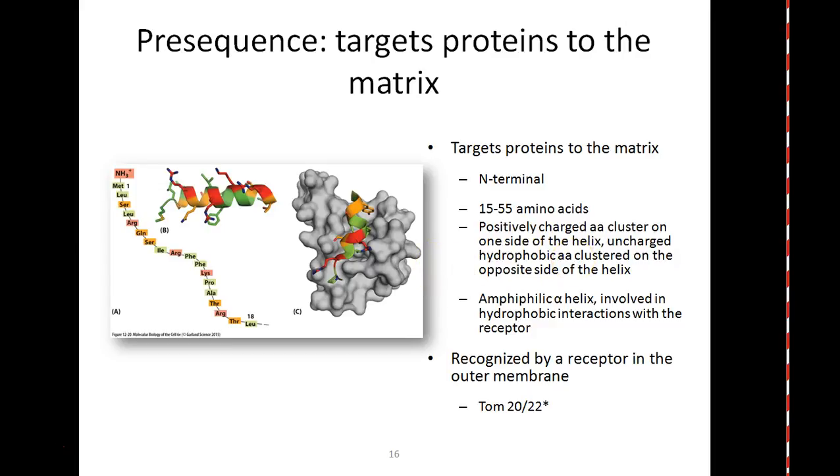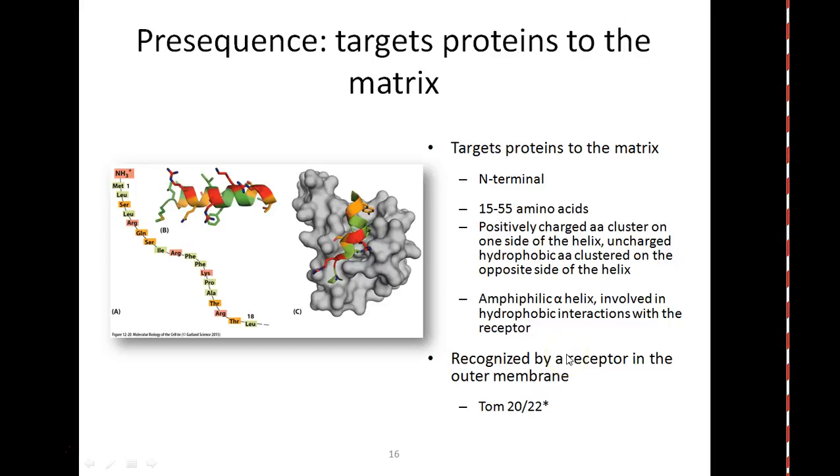So you will have a very short helix with two faces or two sides. One will be hydrophobic and the other one will be positively charged. And therefore it's named an amphiphilic alpha helix.